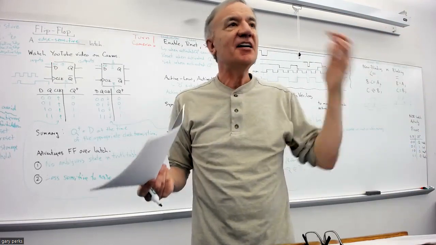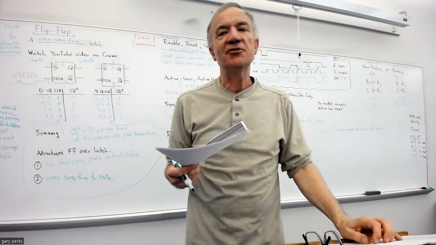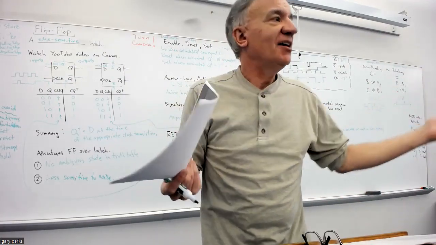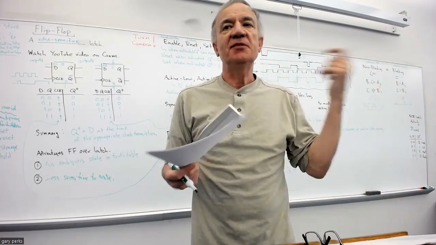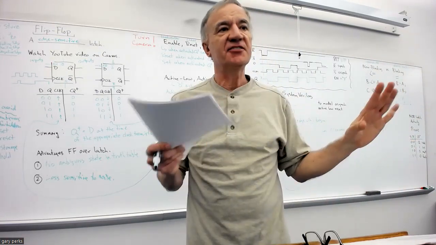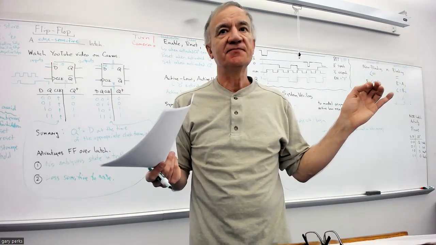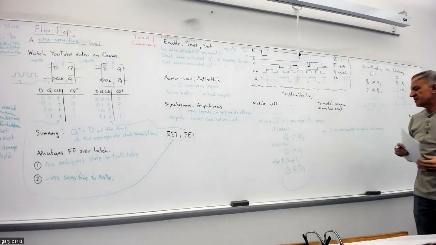In this class, because the designs aren't overly complicated, as in CP233, you might be able to get by with additional circuitry and it still works the way you intended. But in CP233, that wouldn't happen. If you get any unintended latches in that class, your microprocessor is not going to work because it's going to throw off the timing. Timing is more critical in that class than in this class.